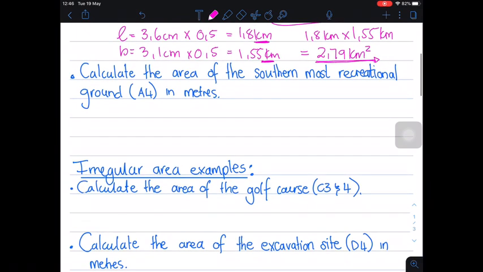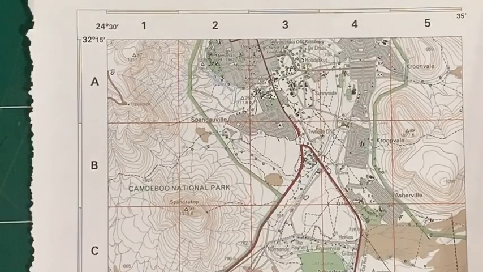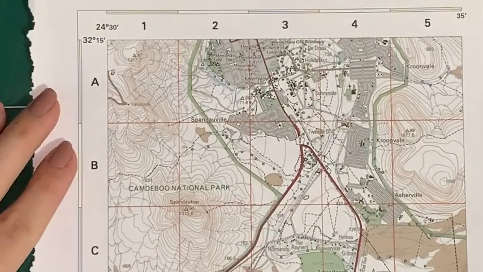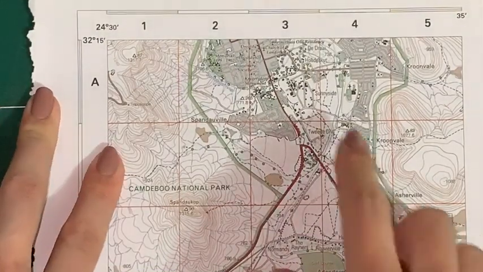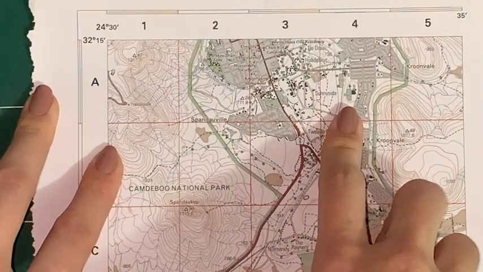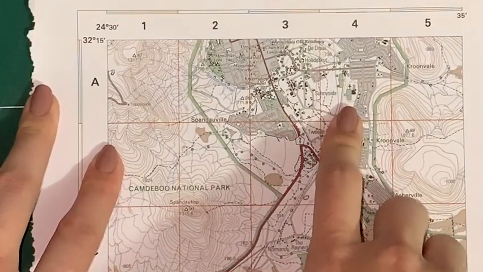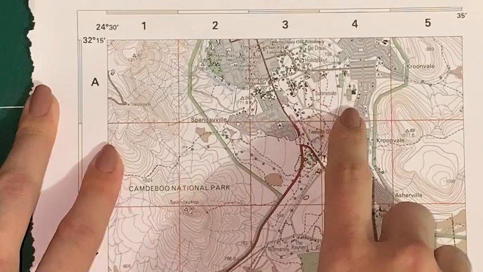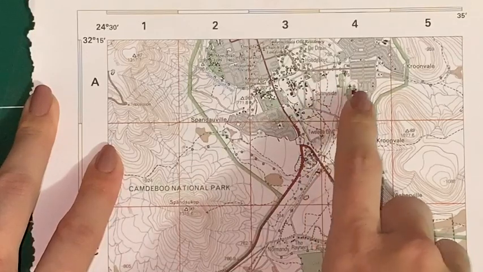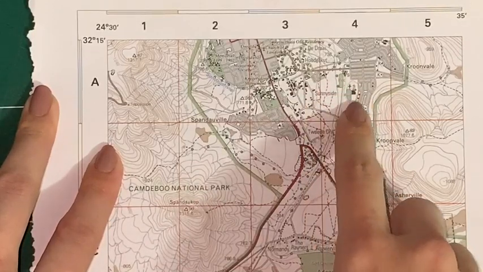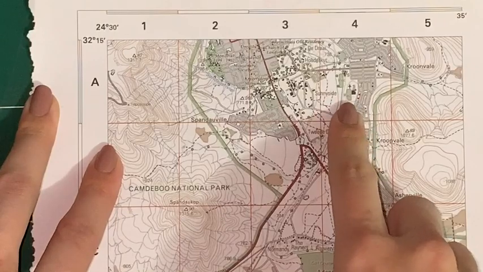Our second example was to calculate the area of the southernmost recreational ground in A4. In this example, we need to measure the actual area of our southernmost recreational feature in A4. And there are 3 recreational grounds in A4, and the question asks for the southernmost. So that is the one that is found furthest to the south.